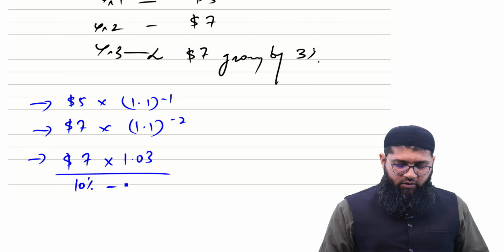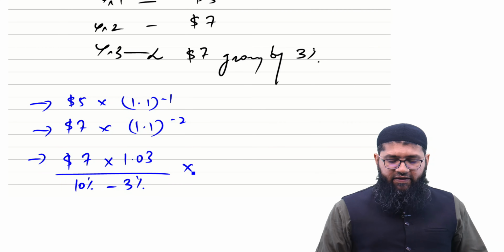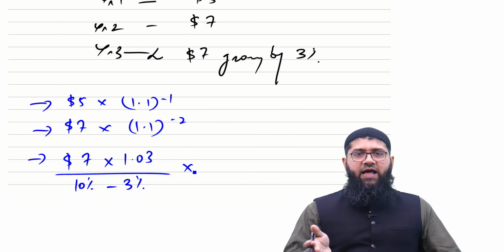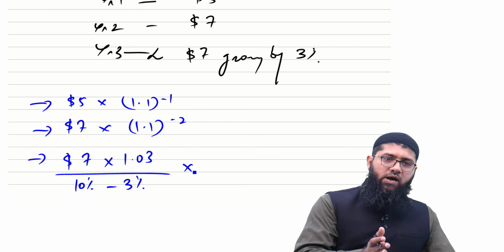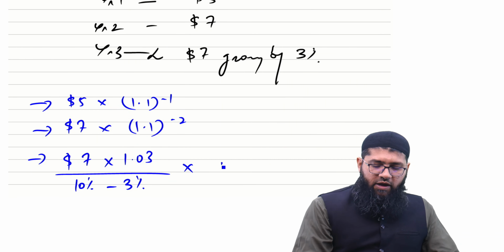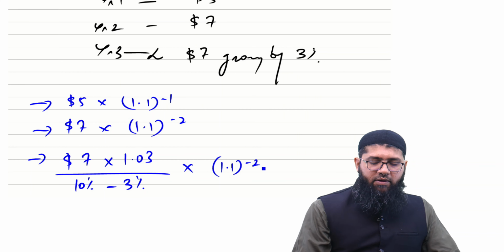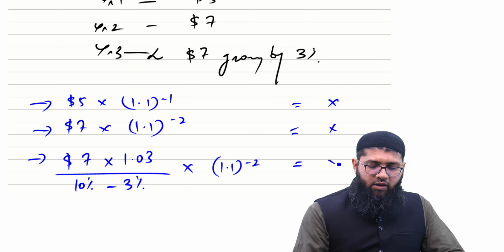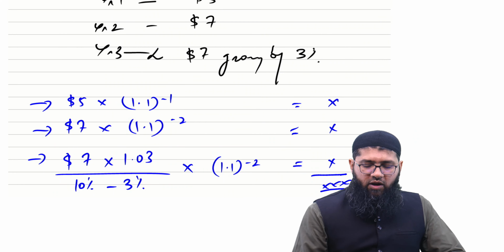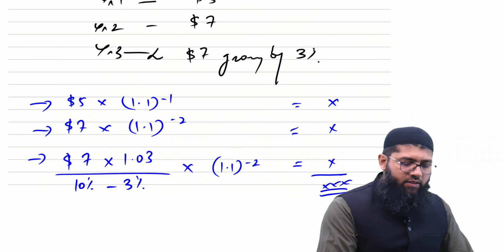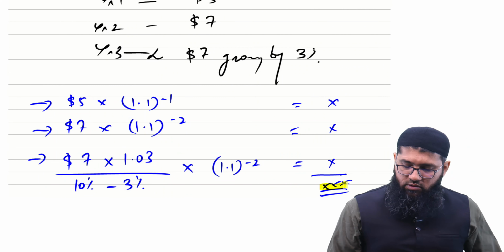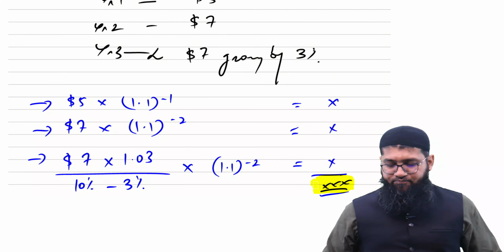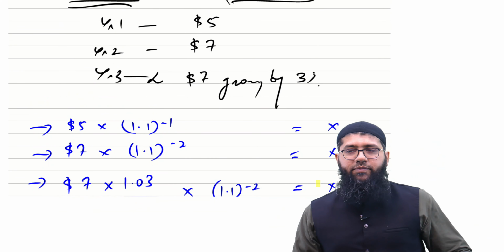It's 10% minus 3%. Since the growth is from year 3 till infinity, when you discount it, it will come back to your year 2 level. So now you have to multiply by 1.1 to the power minus 2. Whatever the values are, you add up all of them and you end up getting the value of the company.